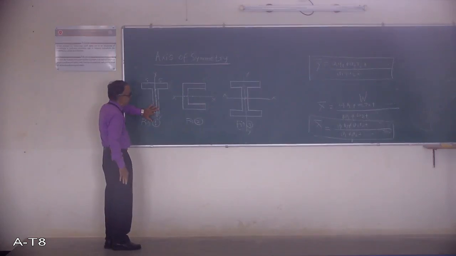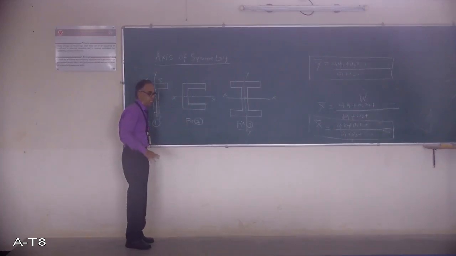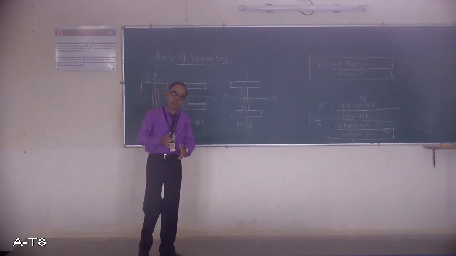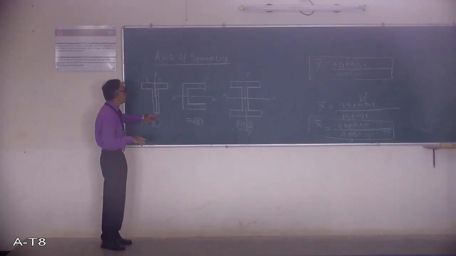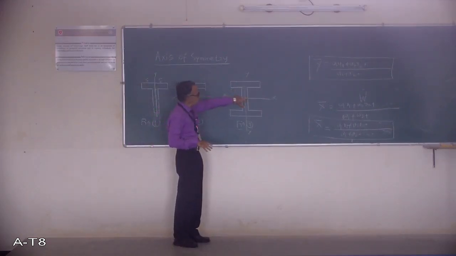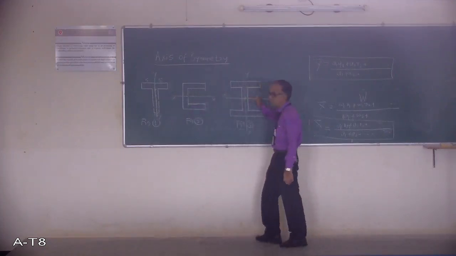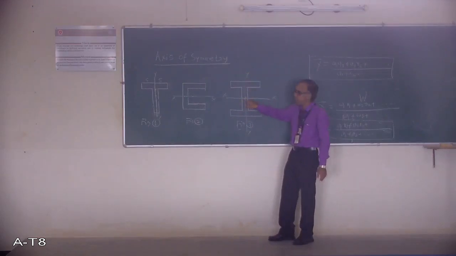If the given figure is symmetrical about the x-axis, the centroid is going to lie on this axis. The centroid will never lie here, never lie here. I told you there is a small derivation, so we will do the derivation later. That is not required. So you must remember what the meaning of axial symmetry is. This is symmetrical about the y-axis, this is symmetrical about the x-axis, and this given figure is symmetrical about both axes. When a given figure is symmetrical about both axes, where does the centroid lie? The centroid is going to lie where the two axes intersect, at this point.